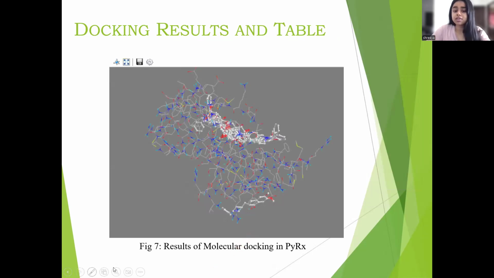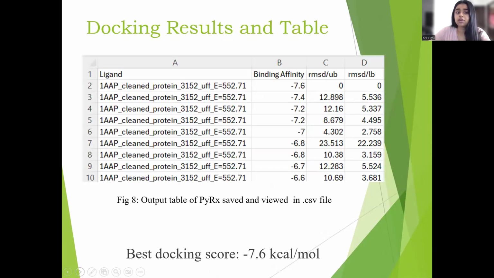Coming to the docking results, after docking was performed, this is how the structure looked. All the poses were superimposed on each other in the same protein molecule. And these are the docking results. There were 9 poses, and the one with the lowest binding affinity was the first one, which has a minus 7.6 affinity.